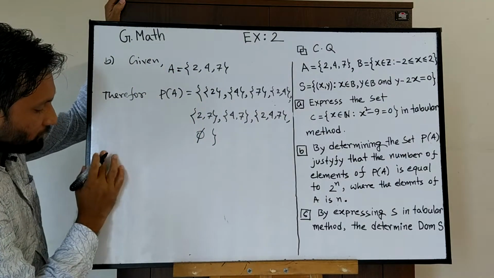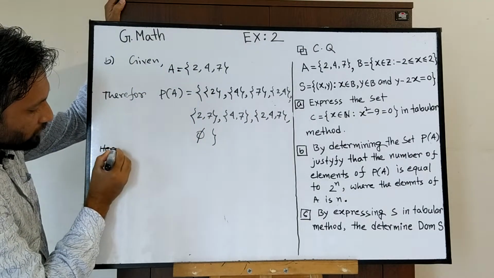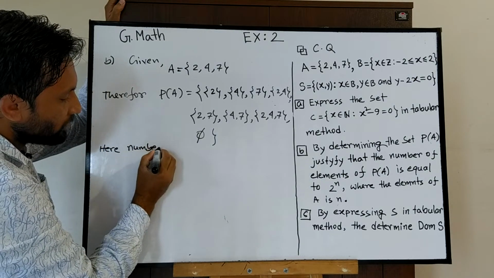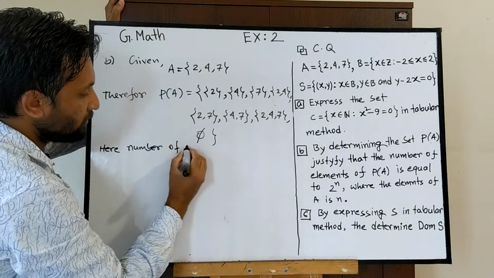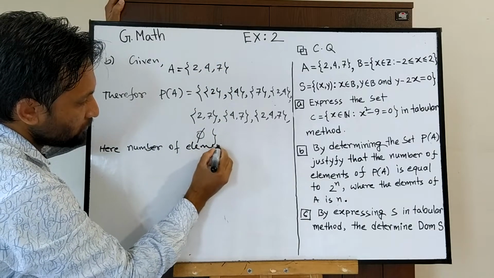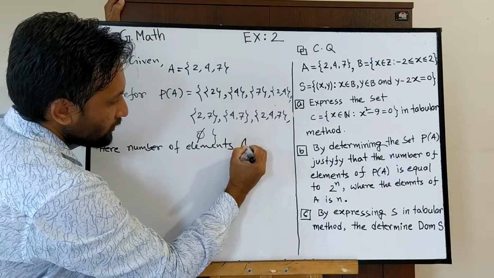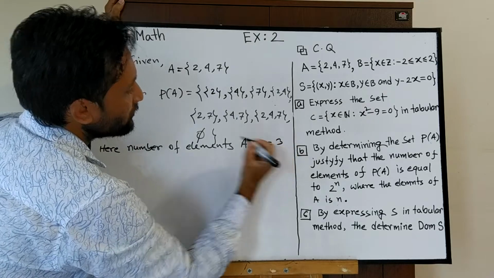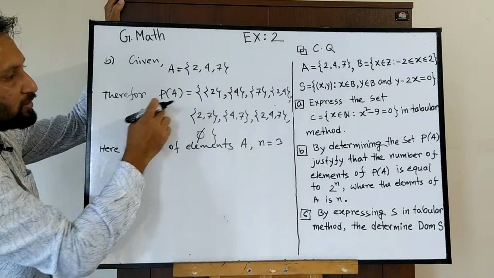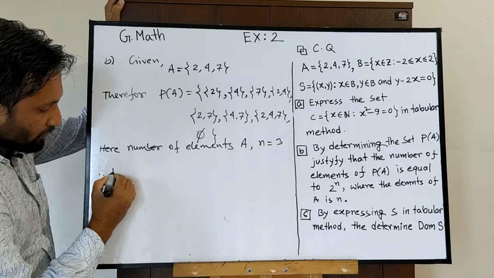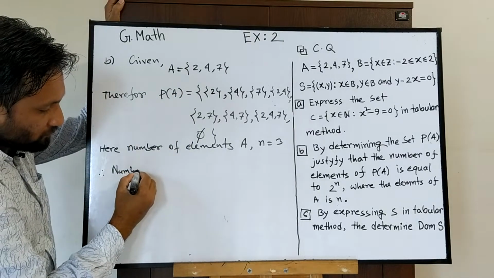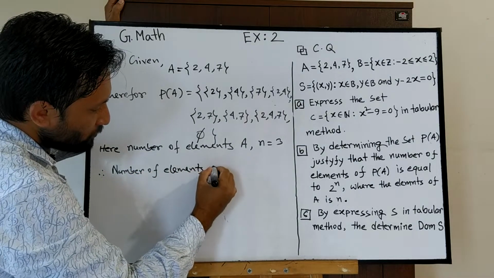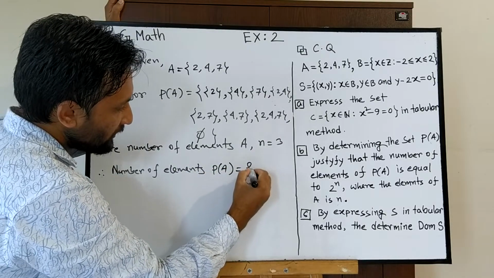So the number of elements of A equals 3, and the number of elements of P of A equals 8.